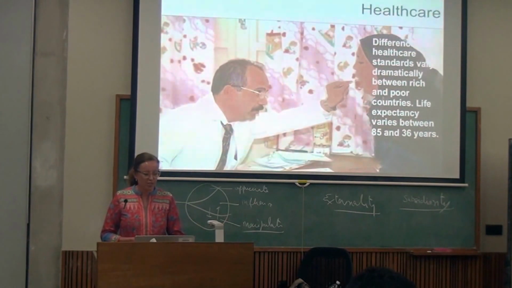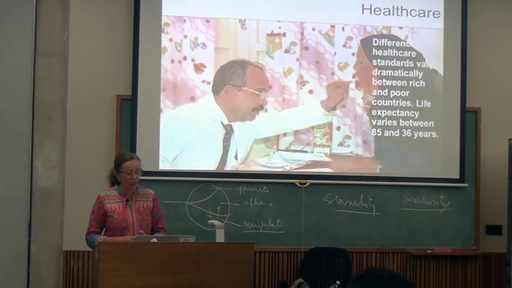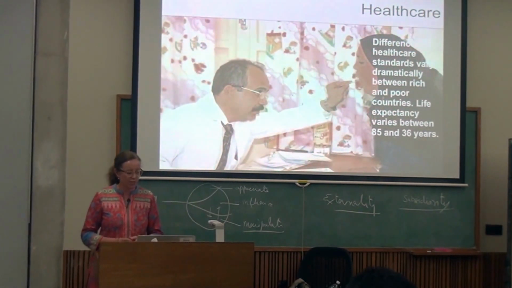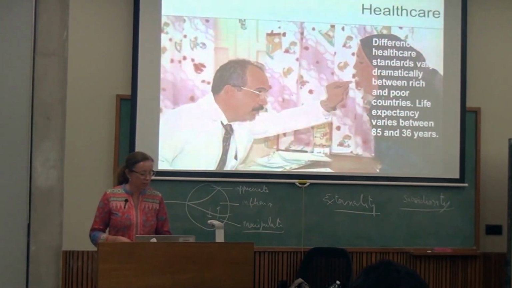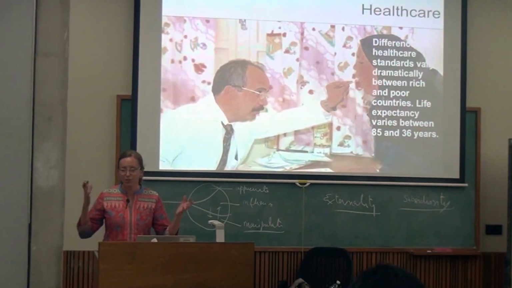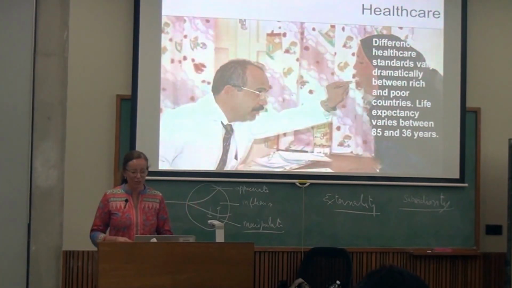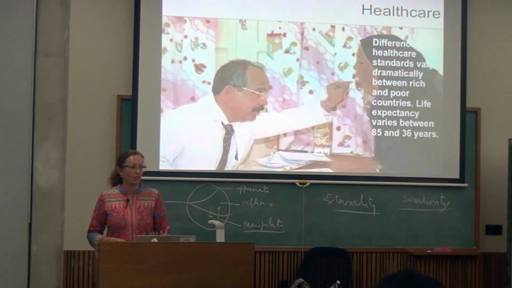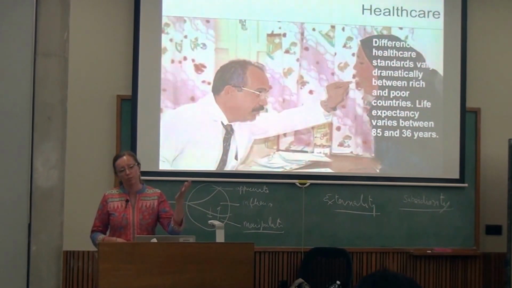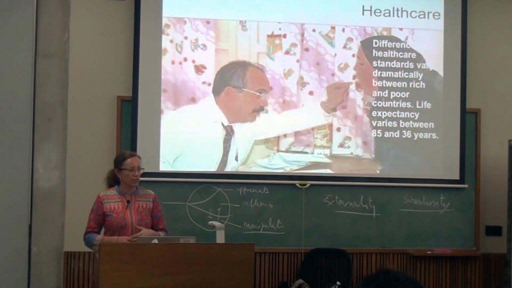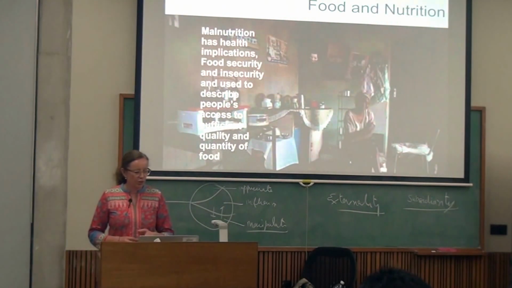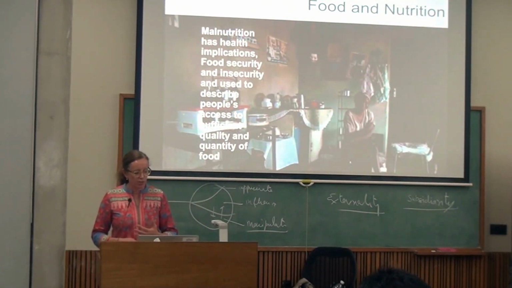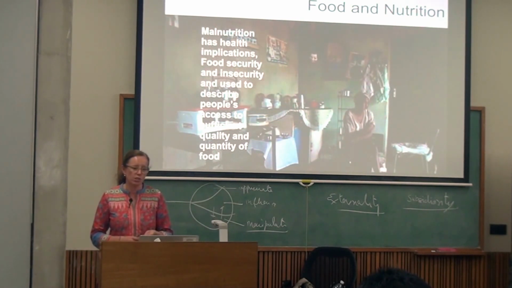Healthcare. The differences in healthcare standards vary very dramatically between rich and poor countries. So life expectancy varies between 85 and 36 years. So that's a lot of life difference. So healthcare, whether that means prevention of disease instead of trying to cure disease, but really healthcare is an incredible issue worldwide. Food security means access to a steady and reliable, sufficient quality and quantity of food.